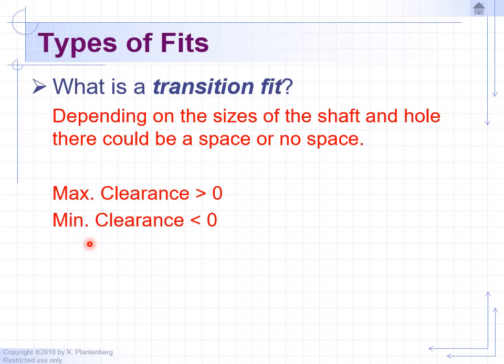Either you'll freely be able to insert the shaft in the hole, or you're going to have to force it in there with a hammer or mallet or with the press in case the hole is smaller. So you may end up with a larger hole or smaller hole in relationship to the shaft.